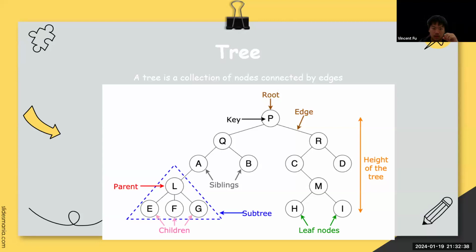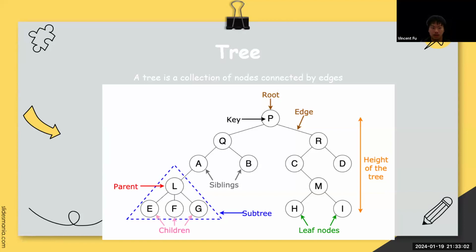And every single node, besides the very bottom ones, can be a parent node, and every parent node has a child, right? We call those children nodes, as you can see in the bottom left of the image. And the very bottom nodes, which don't have any children, we call those leaf nodes, right?